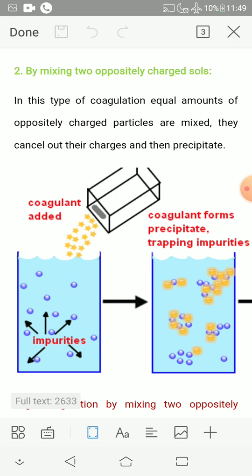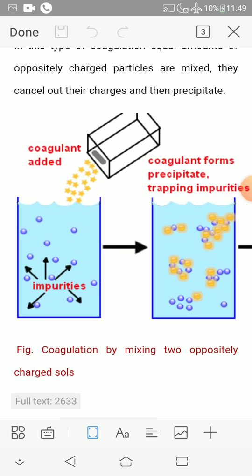By mixing two oppositely charged sols, you can coagulate the particles of a colloidal solution. Here in the figure you can see coagulation of colloidal particles by adding a coagulant, and the coagulant forms a precipitate, trapping impurities.